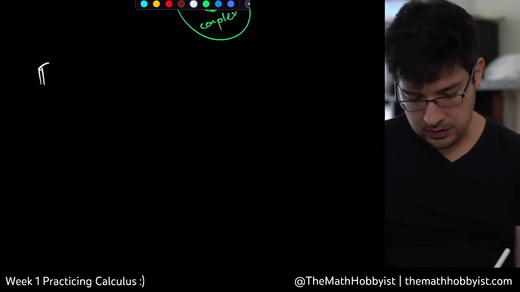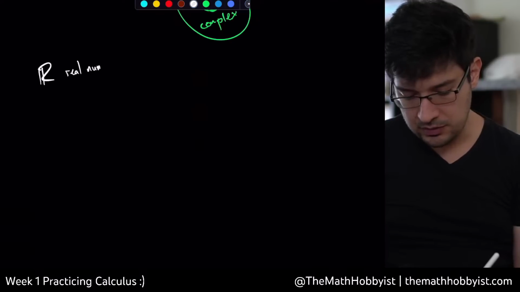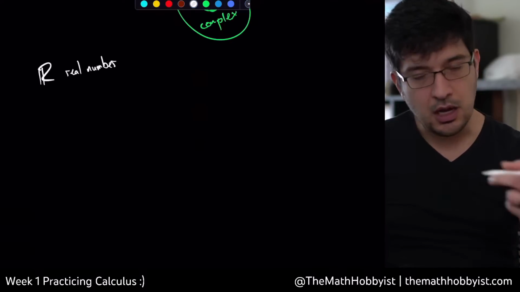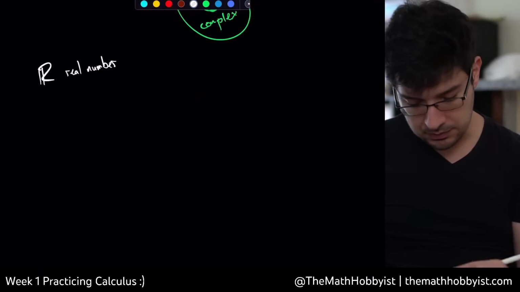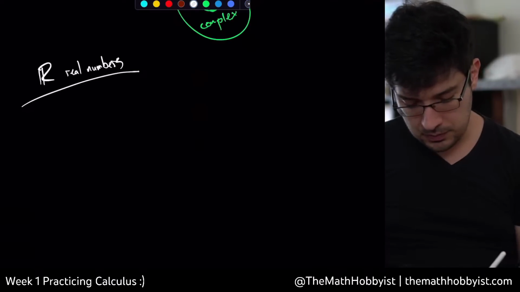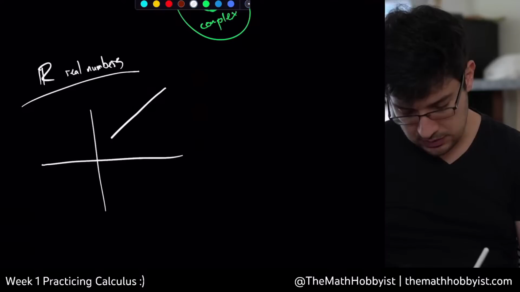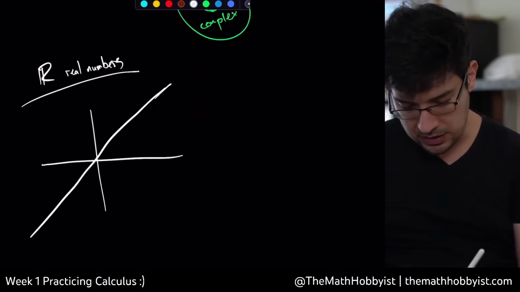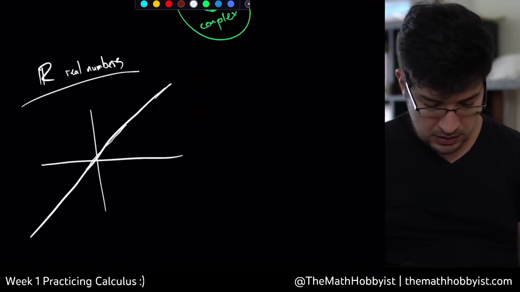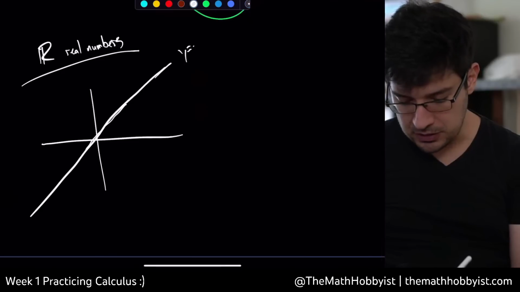So let's focus on the real numbers for now, because that is what Taalman's book is going to focus on. What are some good examples of functions? Well, the simplest dang function is the one that, well, I don't even know if that's the simplest, but this is a very simple function.